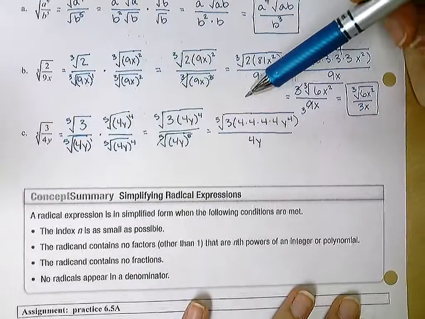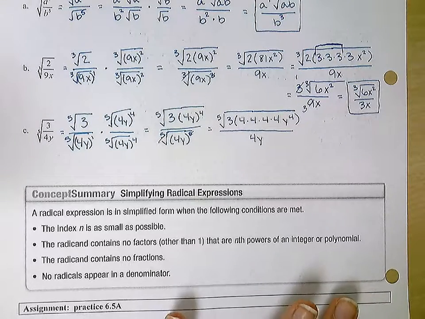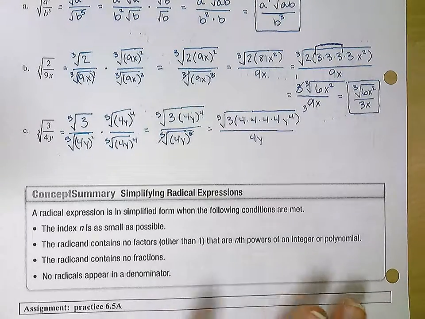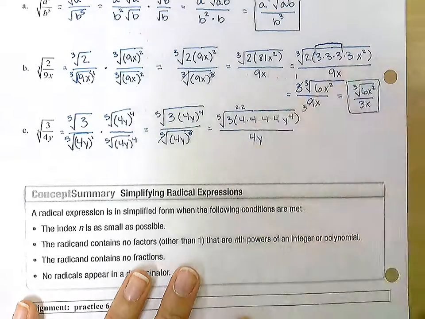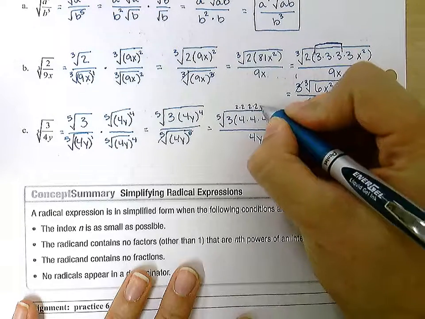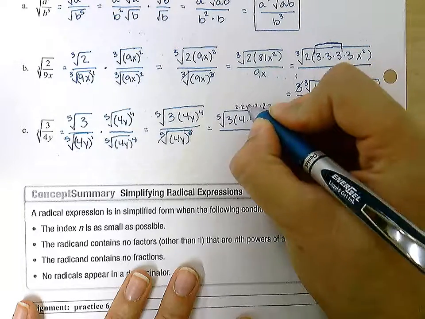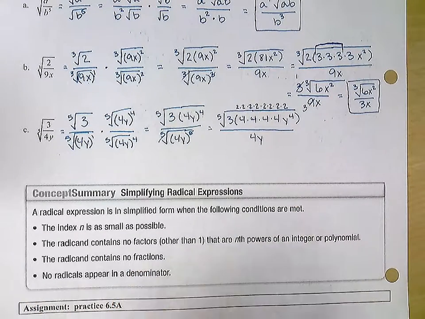Now, these 4s, what multiplies to get 4? 2 and 2, right? So this first 4 would be 2 times 2, this second 4 would be 2 times 2, this third 4, 2 times 2, last 4, 2 times 2. I'm doing this so that I can group 5 of them together.